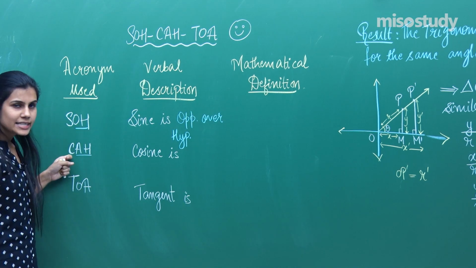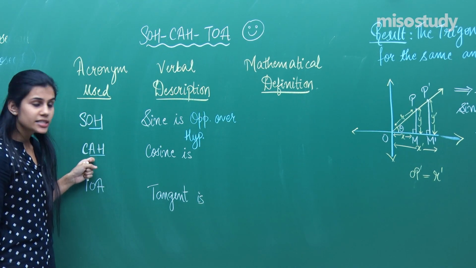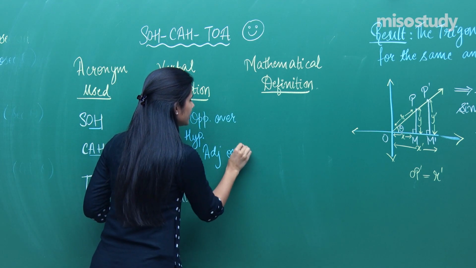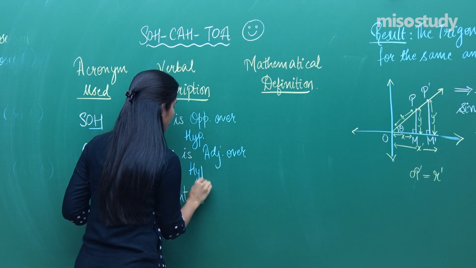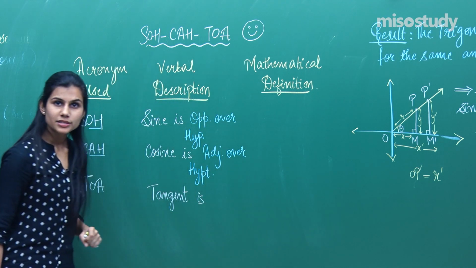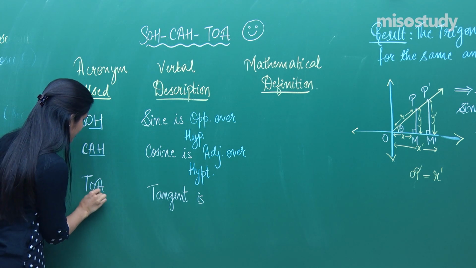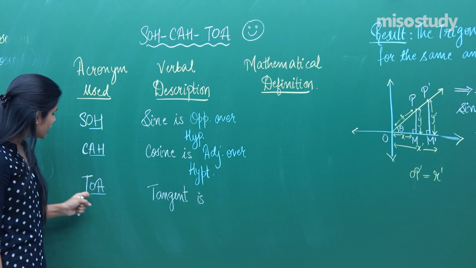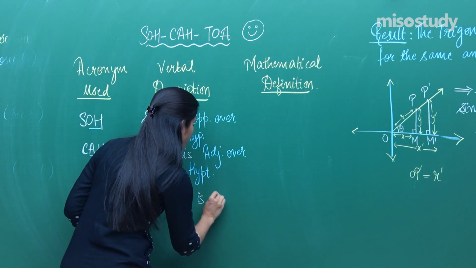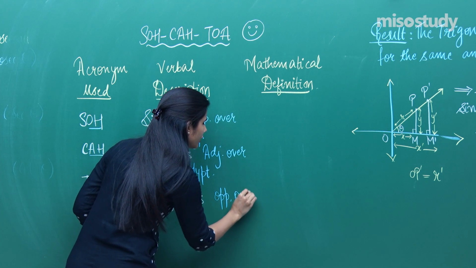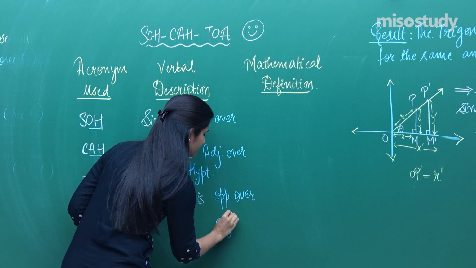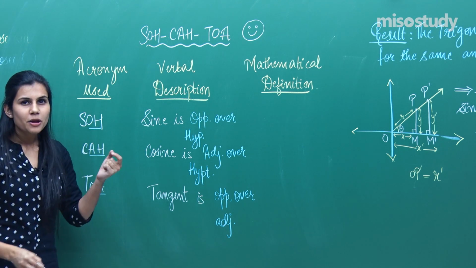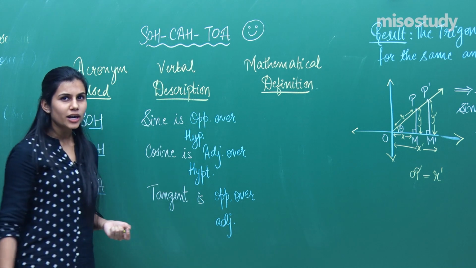So cosine is adjacent, A stands for adjacent, over hypotenuse. Next is this. We know O stands for opposite, A stands for adjacent. So tangent is opposite over adjacent. That's it. You are through with just the remembrance of an acronym, which is SOHCAHTOA.